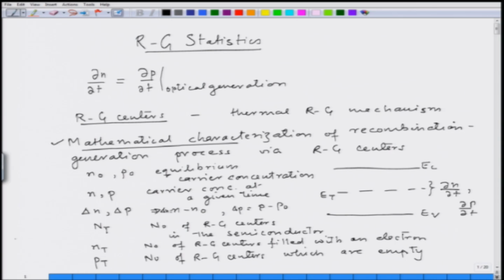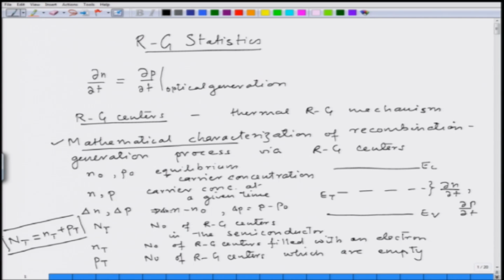So, you can see the relationship is that the total number of R-G centers is equal to the number occupied by electrons plus the number not occupied by electrons: N t equals n t plus p t.